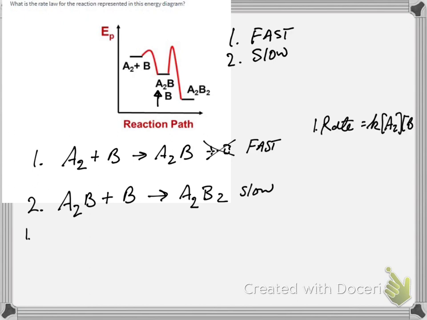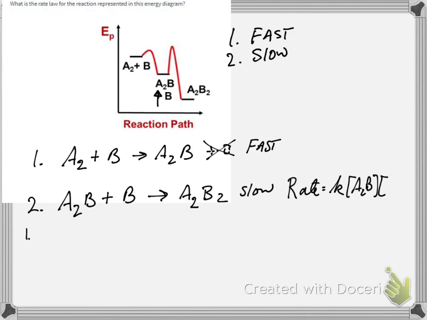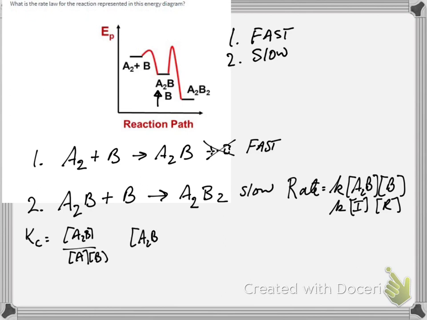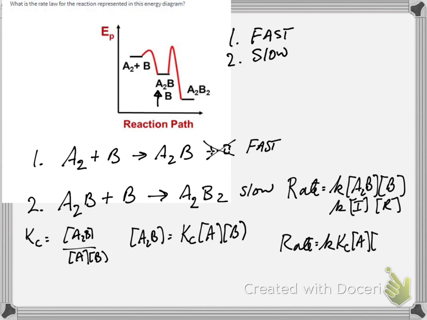So our rate here for the slow step is A2B times B, but because A2B is an intermediate, we have to write the equilibrium constant to form an expression for it, which is Kc times A times B. Now we can make the substitution for A. It's actually A2, I'll make that correction now.